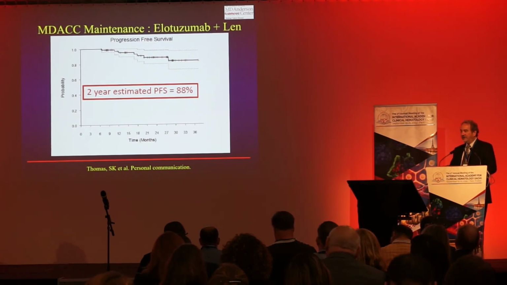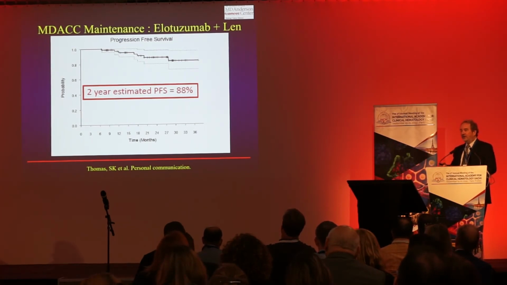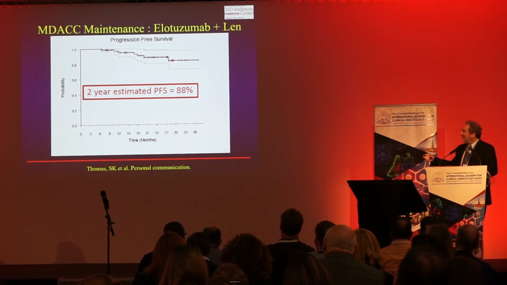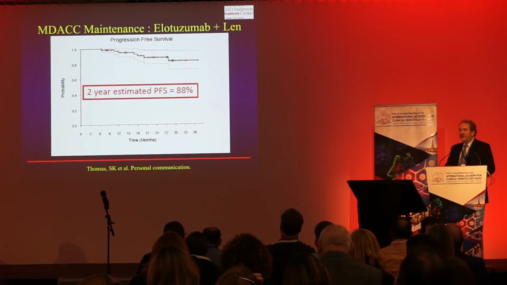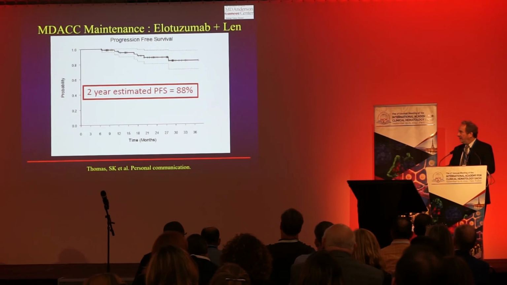And one thing we've done is to look at combinations like elotuzumab, which is the other currently approved monoclonal antibody in myeloma, which targets a protein called SLAMF7. And although this is a non-randomized study, it does show a 2-year estimated progression-free survival of the combination that looks better than would be the case for len alone.